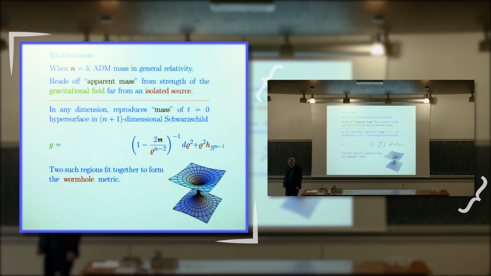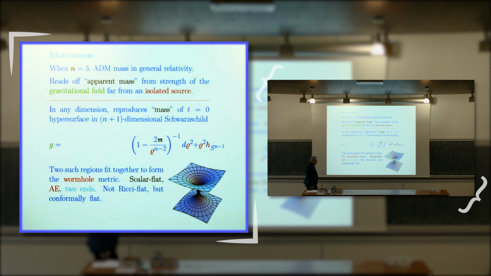Now, this particular metric is actually scalar flat. It has zero scalar curvature. That's related to the fact that the space-time has Ricci curvature 0, and this is a totally geodesic hypersurface. And it has two ends. It happens that the mass is the same on both of those ends. What is the mass? It's this number m.